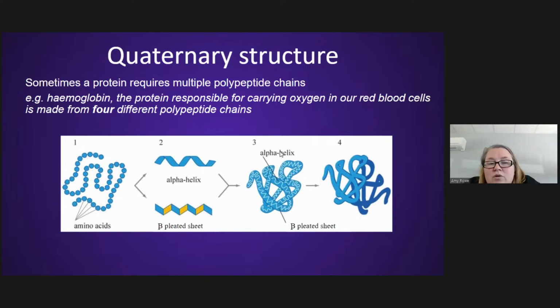And once those 4 different proteins or subproteins were folded up in a tertiary structure, they would have been bound together into their quaternary structure, or their fourth structure. And they would not have been able to perform their role if they were just individual tertiary folded proteins.